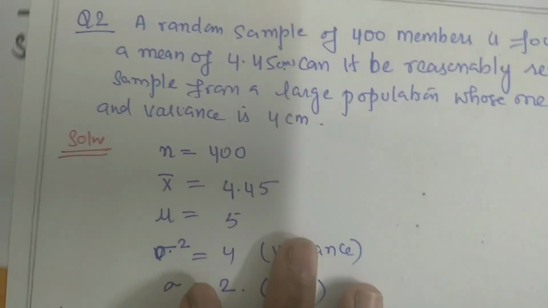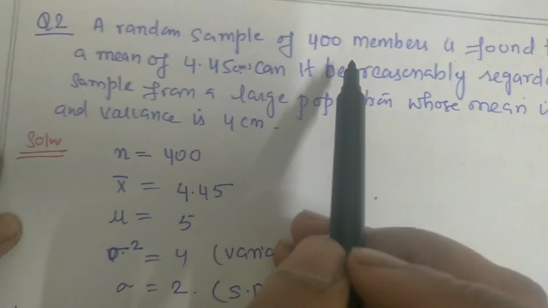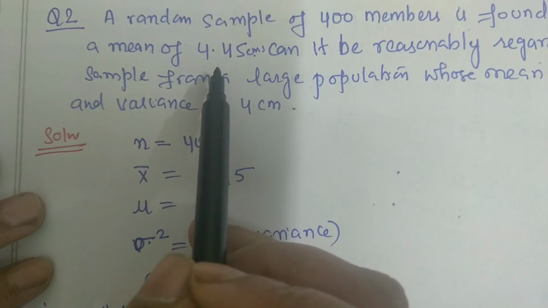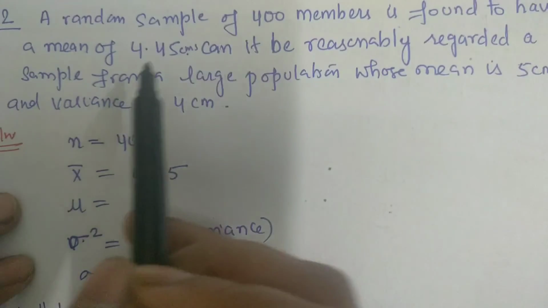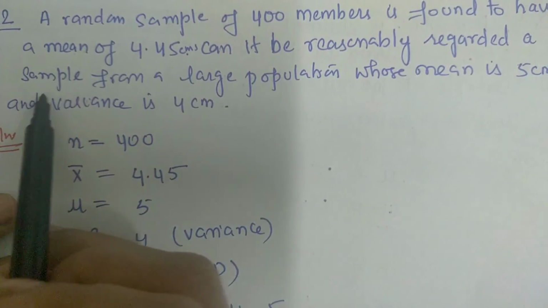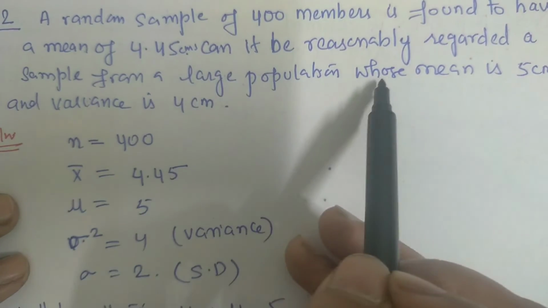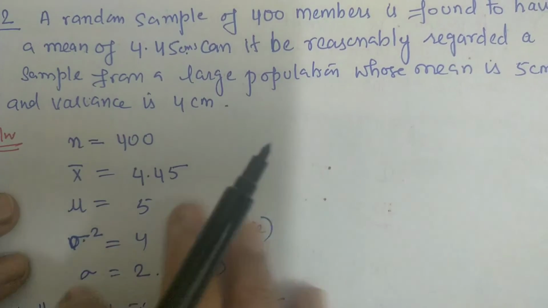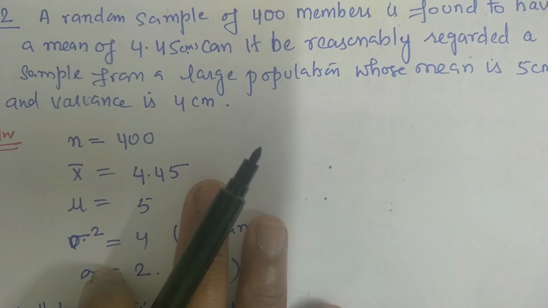Okay, so the next question is: a random sample of 400 members is found to have a mean of 4.45 centimeter. Can it be reasonably regarded as a sample from a large population whose mean is 5 cms and variance is 4 centimeter? So same question here.